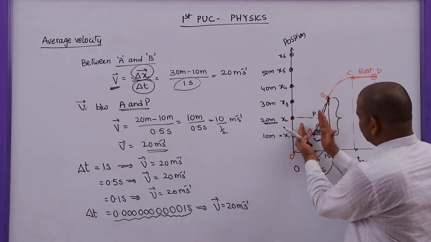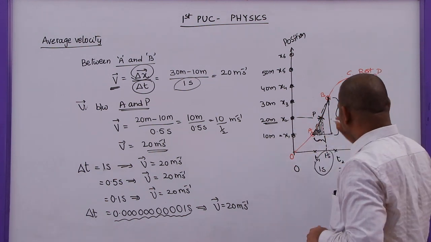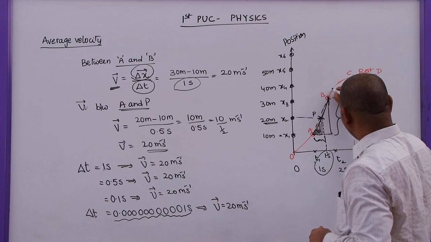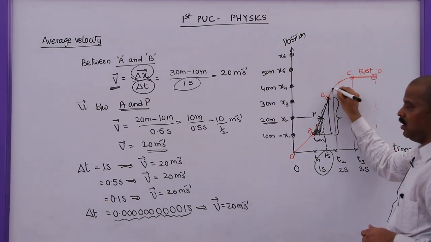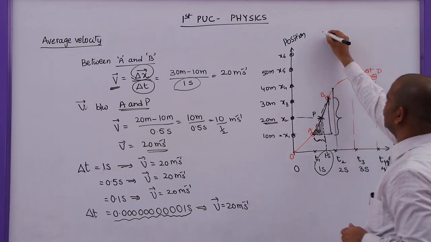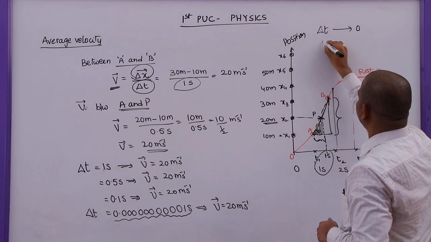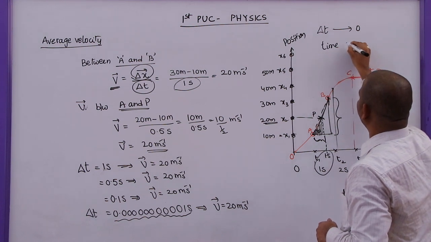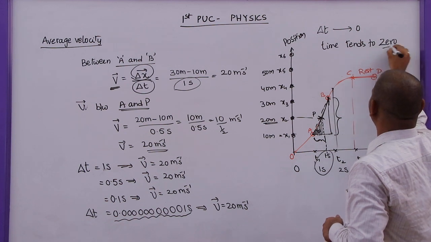If you reduce this time little by little, finally you will have a point. So when delta t tends to 0, we can write time tends to 0 but not equal to 0.